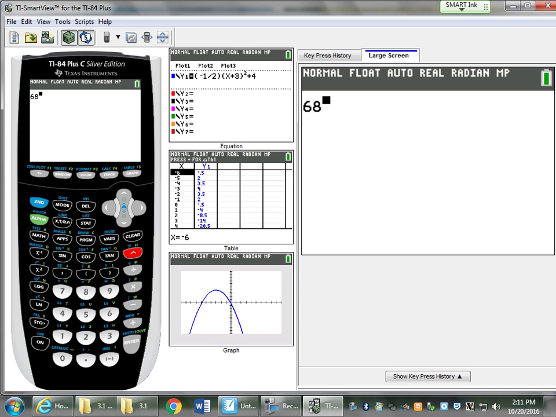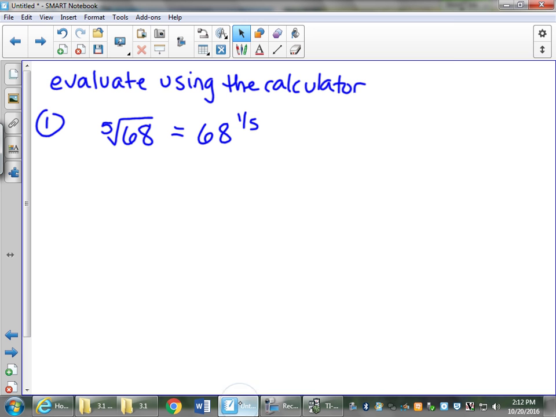And then we're raising it to the 1/5, so putting that in parentheses, especially important if you have one of the older TI graphing calculators. Anytime you're typing a fraction, it should be in parentheses. Then I'm just going to hit enter, and we'll round that to the thousandths place. So 2.325. Go out to the thousandths place.